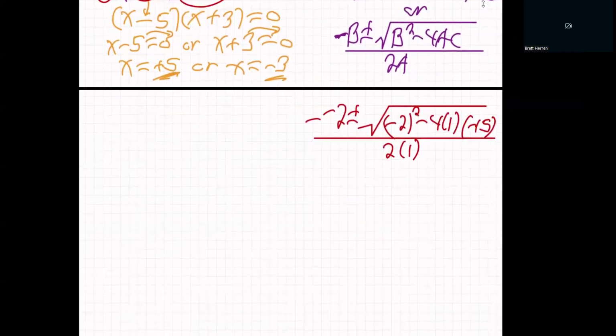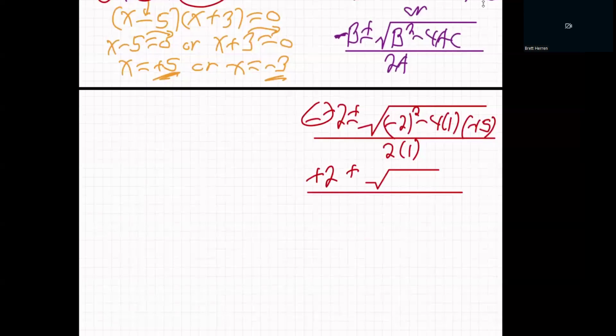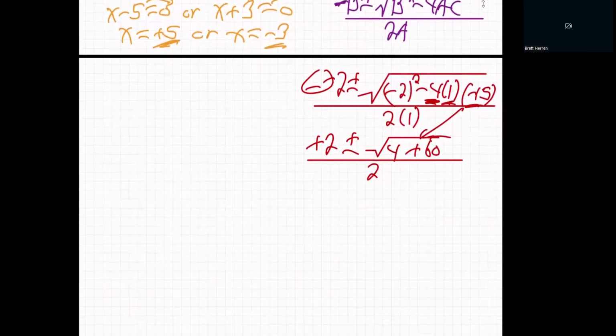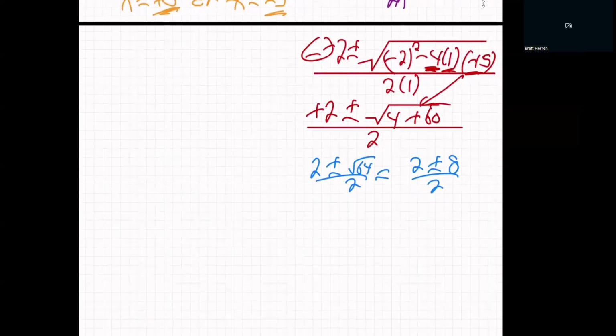And so that's going to be double negative, positive 2 plus or minus the square root of 4 plus 60, because two negatives make positive, over 2. So that's 2 plus or minus the root of 64 over 2, which is 2 plus or minus 8 over 2.